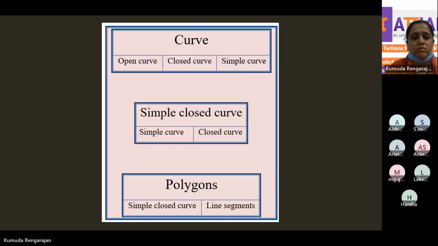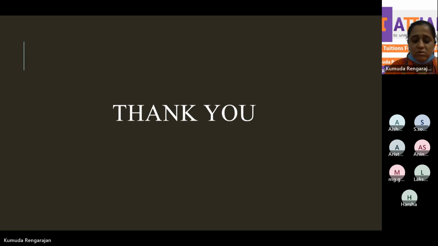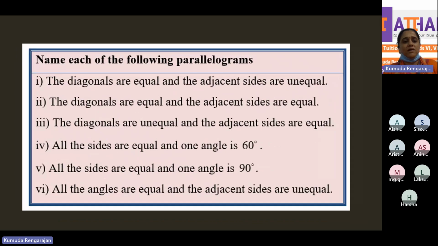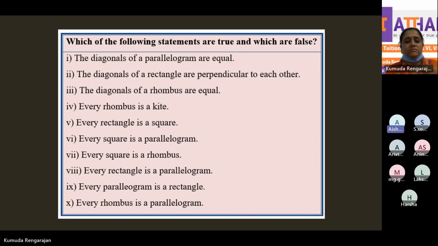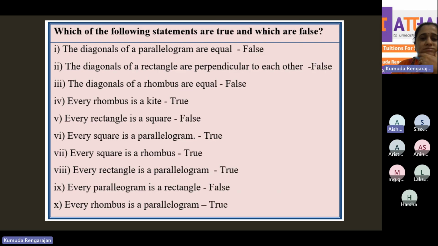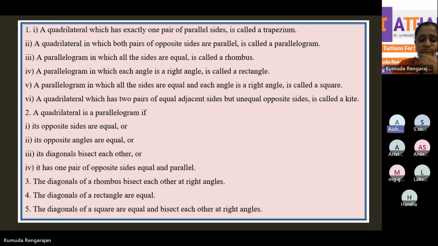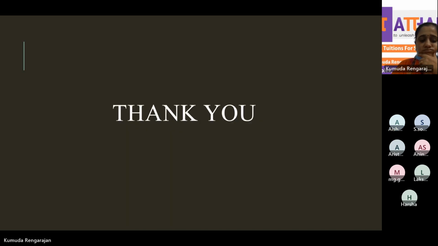Oh, I think these. Yeah. This one? Yes, ma'am, you sent this and some other slides also. I think this one. Yes, ma'am, true or false? Yes, ma'am, this was also sent. That's all.